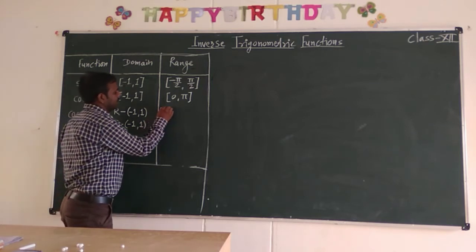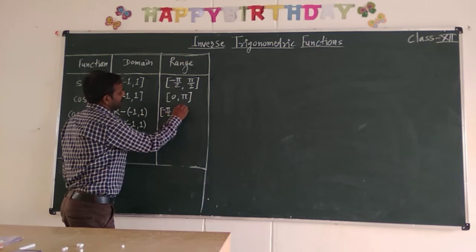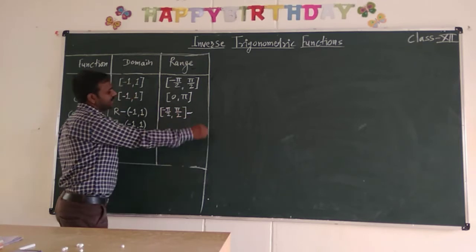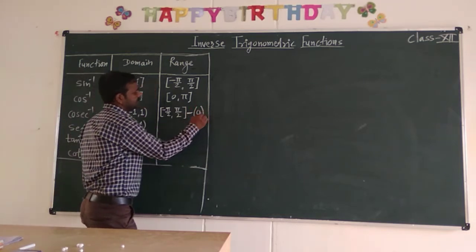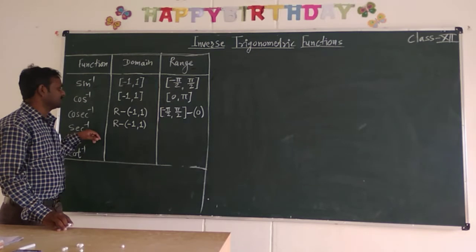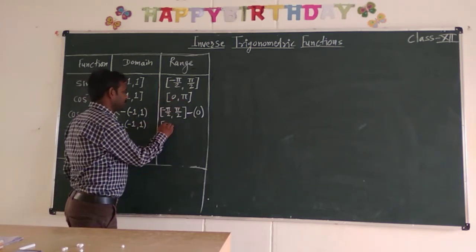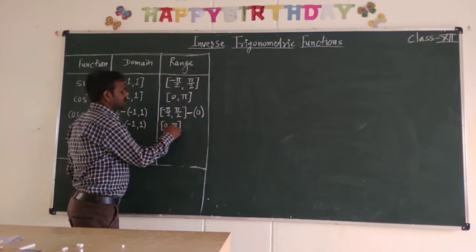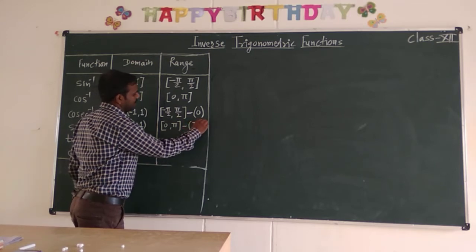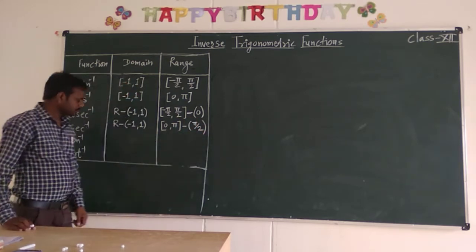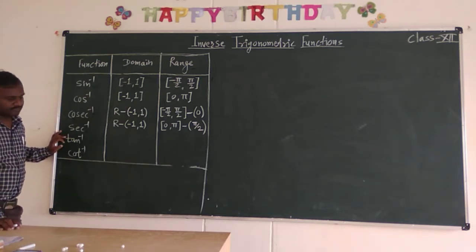For example, for cosec inverse it is the closed interval -π/2 to +π/2, subtract 0 from that. Again for sec inverse, write the closed interval 0 to π, and subtract π/2 from that. Okay.